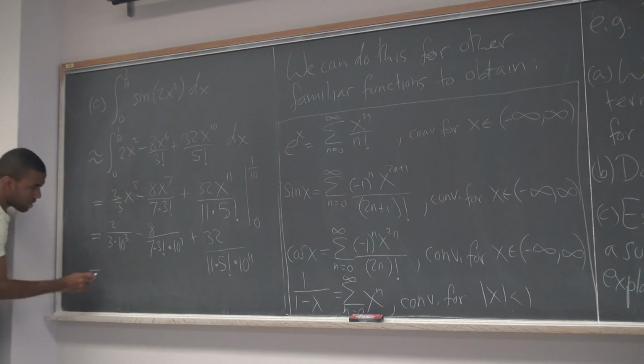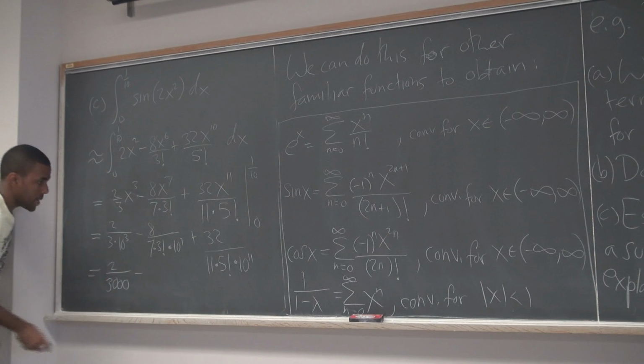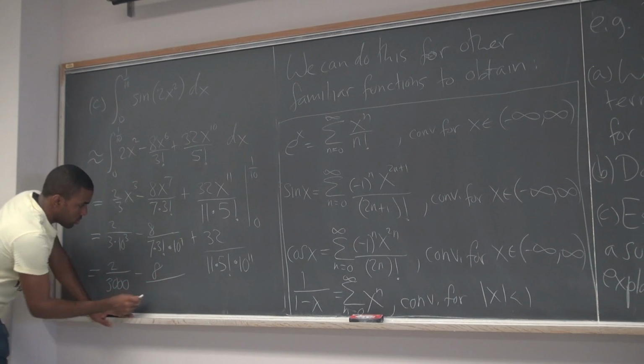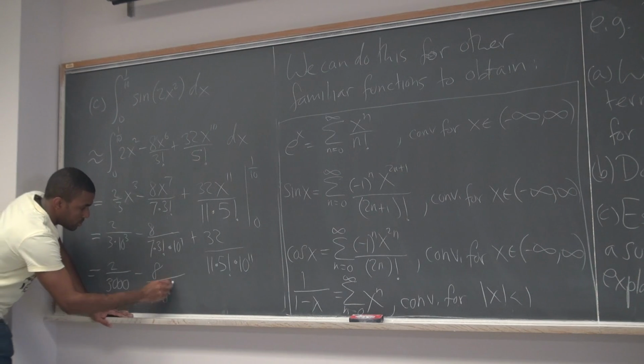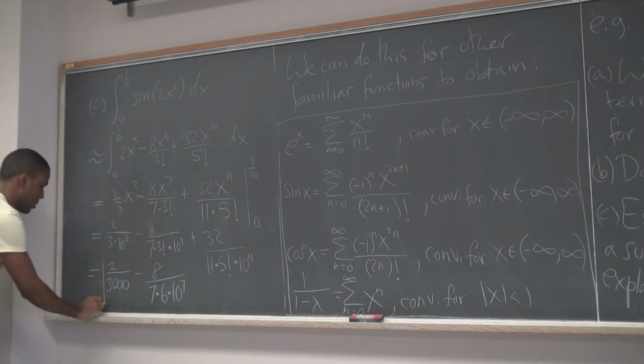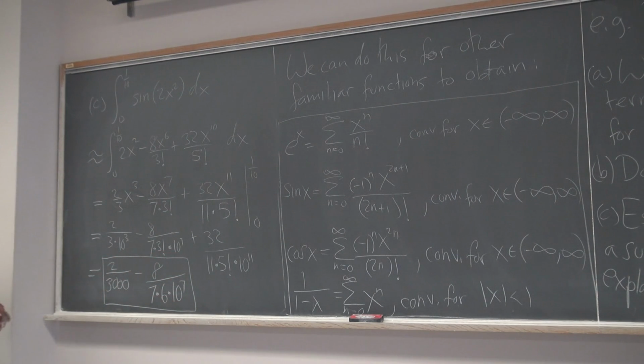So my answer that they actually asked me for is 2 over 3,000 minus 8 over... That's the approximate value as the sum of 2 fractions.